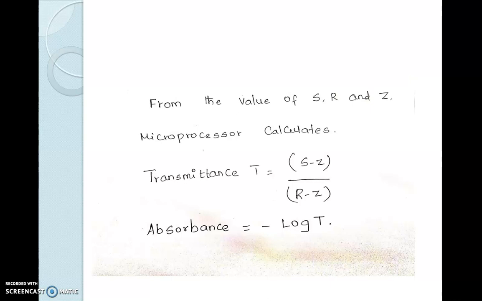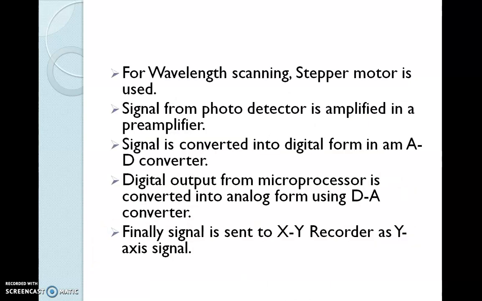In order to obtain R or S values within a specified range, the microprocessor provides control signals for slit width and high voltage for the photomultiplier. For wavelength scanning, a stepper motor is used here. The signal from the photodetector is amplified in a preamplifier.